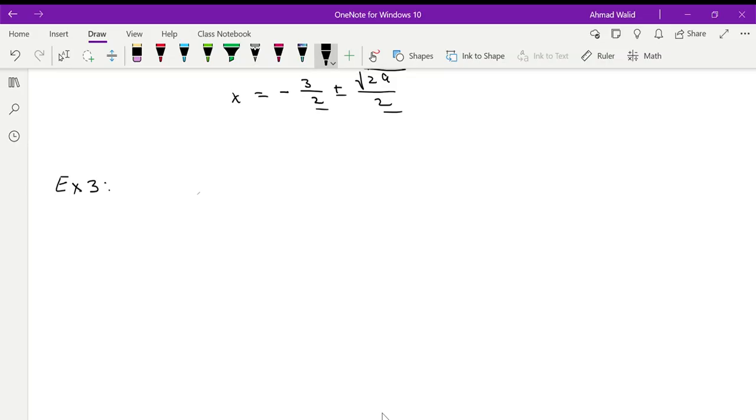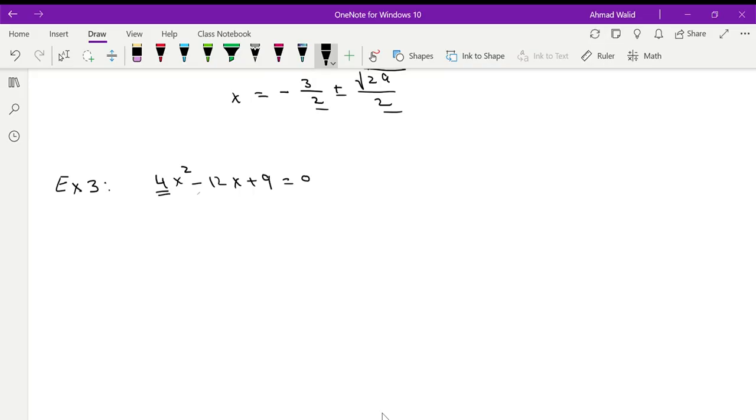Let me copy an example from your book. For example, 4x squared minus 12x plus 9 equals 0. You see here the coefficient of x squared is not 1 anymore. It's 4.